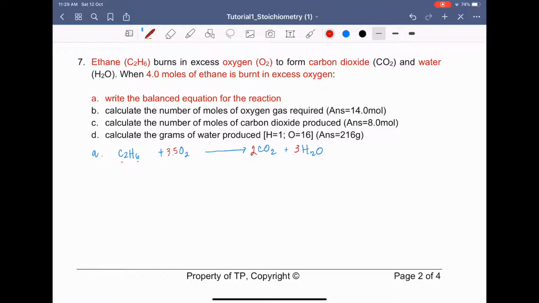But right now we have a total of 7 oxygen, 4 plus 3. So on the left side we have oxygen, we need to multiply by 3.5. But then in the end, we need to multiply the whole thing by 2 because we cannot have 3.5 mole oxygen. So 2 C2H6 plus 7 O2 is equal to 4 CO2 plus 6 water.